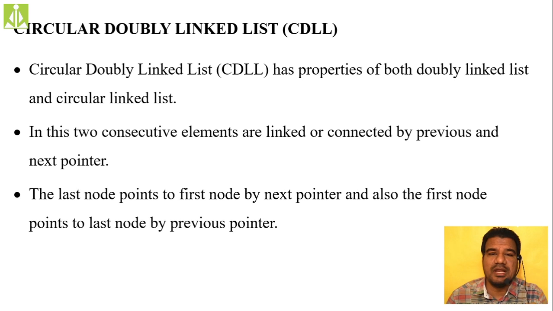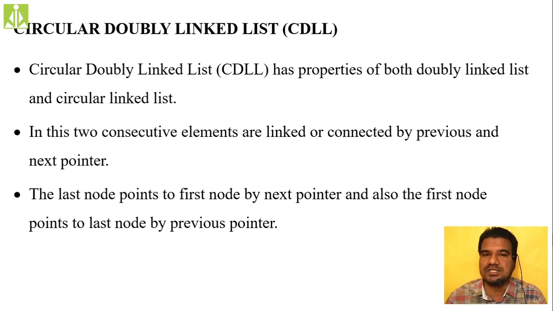In your doubly linked list, we said the next pointer of the last node will be null, and the previous pointer of the first node will be null. But over here, instead of making them null, we are connecting them back. The last node's pointer will point to the first node, and the first node's pointer will point to the last node. In such a way, we have the connectivity. Two consecutive elements are linked and connected by previous and next pointers.